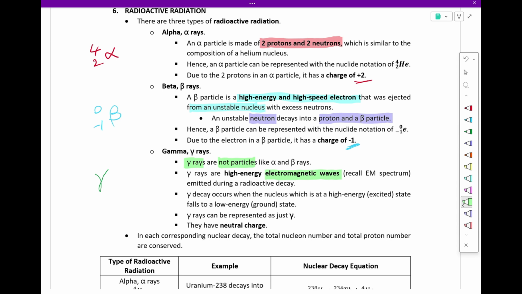Gamma radiation is when I have a very unstable nucleus, usually at very high energy, and when it loses all this energy and becomes a ground state, it emits EM waves in the form of gamma rays. Because it is just rays, just pure energy, you don't have any kind of charge.